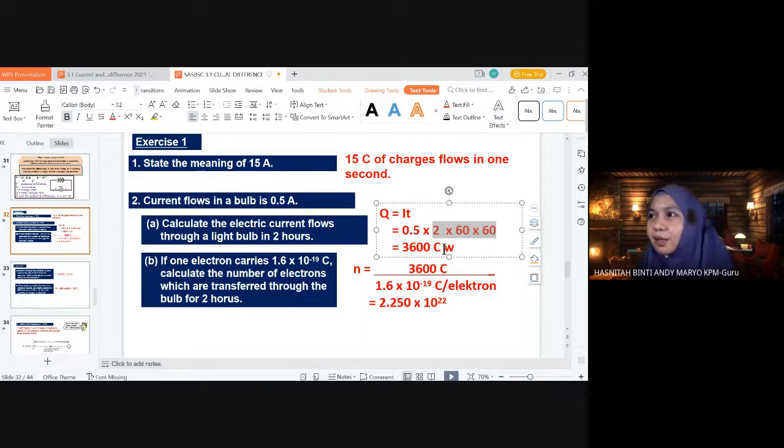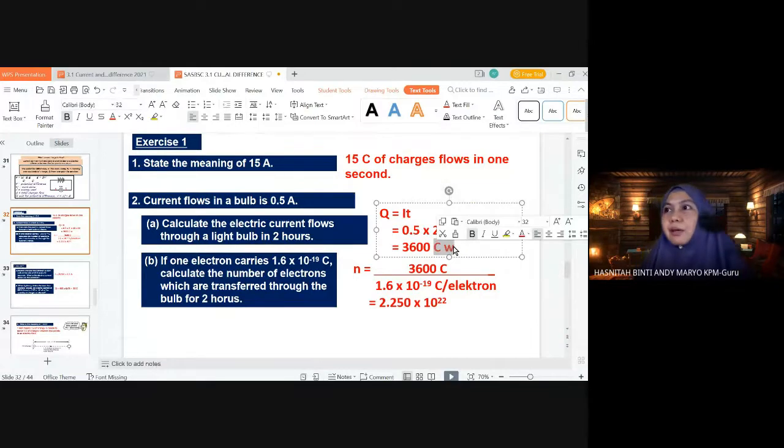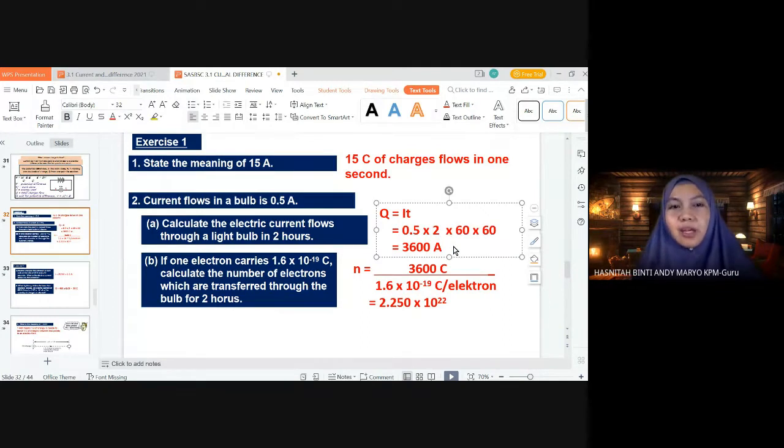Is the unit given here correct? This I is supposed to be ampere, and T is seconds. Ampere per second.